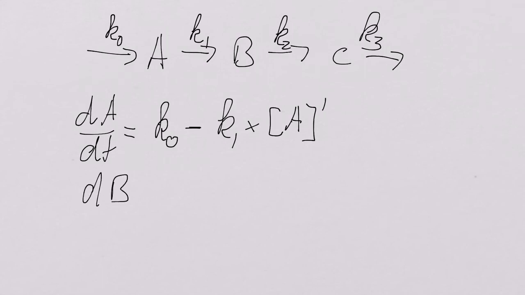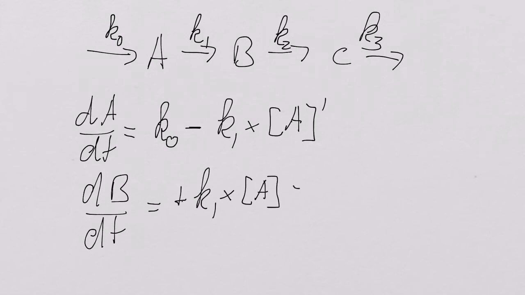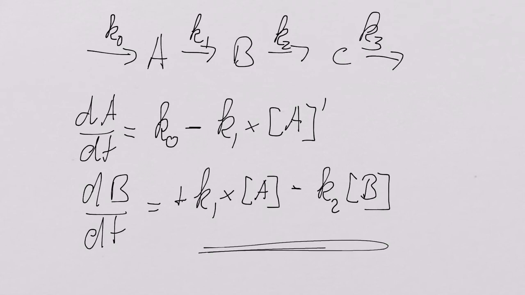For dB over dt, we get plus K1A minus K2B, which is basically the same thing that we had before. And for C, it would follow.